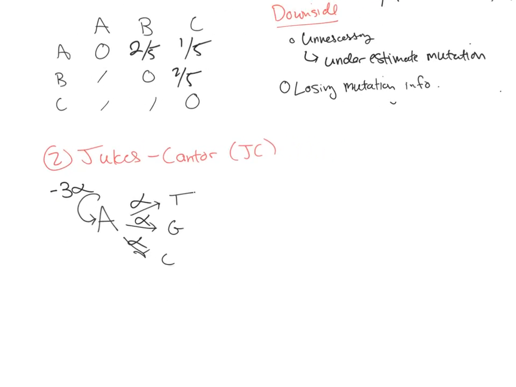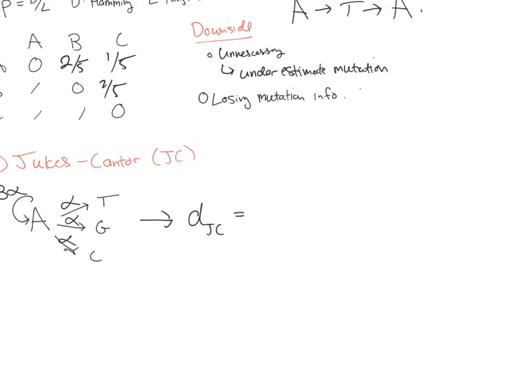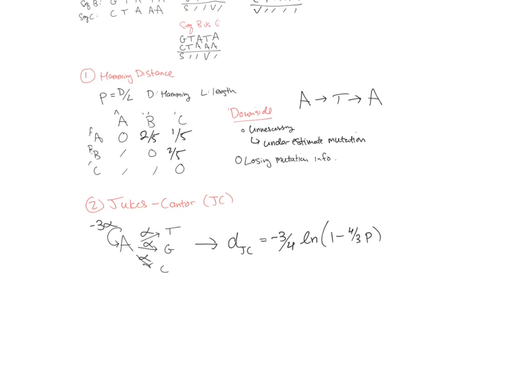And if you play with those and you do some fancy math, you end up getting an adjusted distance function. So here's our distance for the JC model. Given this information about how A mutates, we're going to say this model is equal to minus 3/4 times the natural log of 1 minus 4/3 p. And this p here is the same p as the Hamming distance p up here.